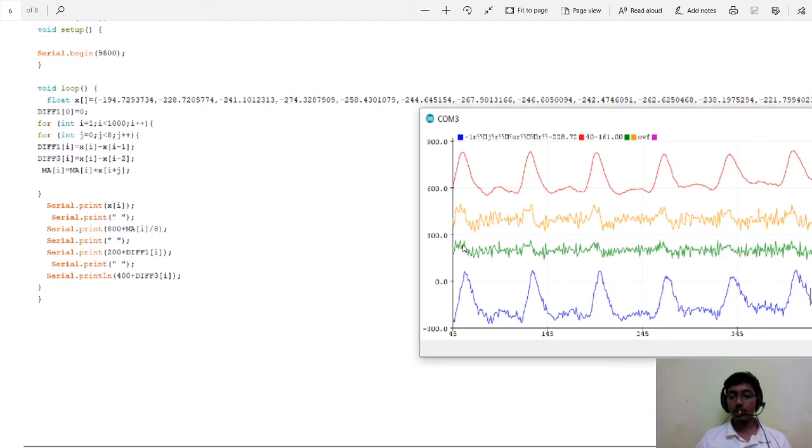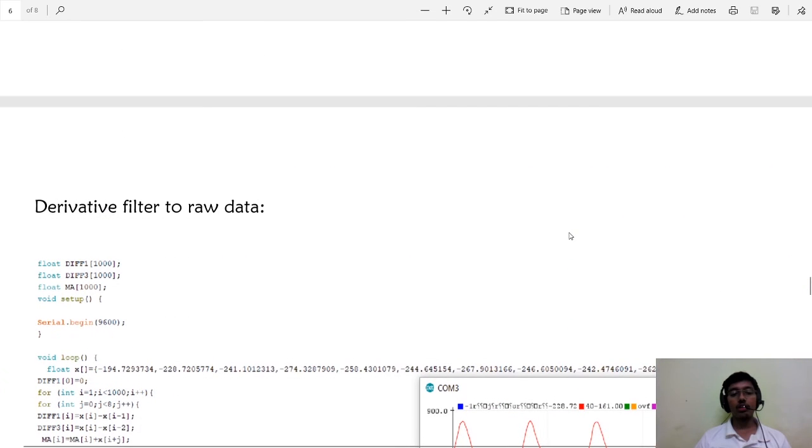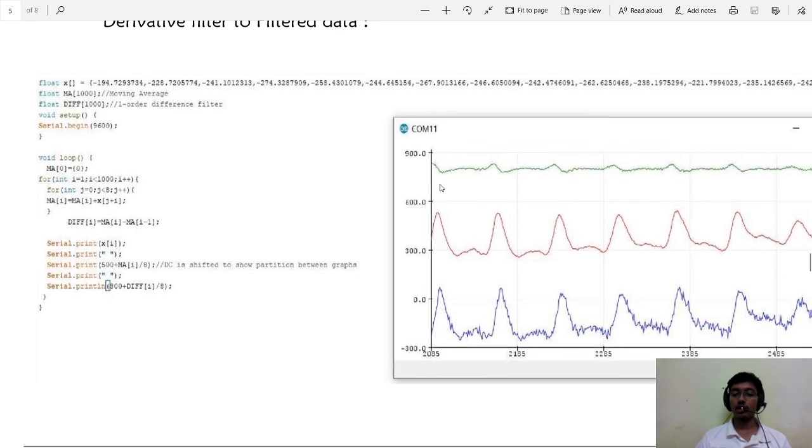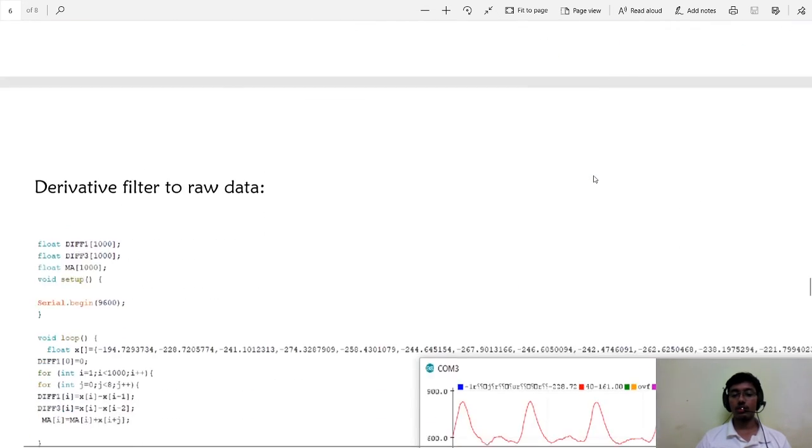See, you can see the first order filter and the 3-point derivative filter are almost the same, with slight variations. Rather than applying it to the raw data, it would be better to use the derivative filter after the moving average filter, so that we can get a clear-cut signal.